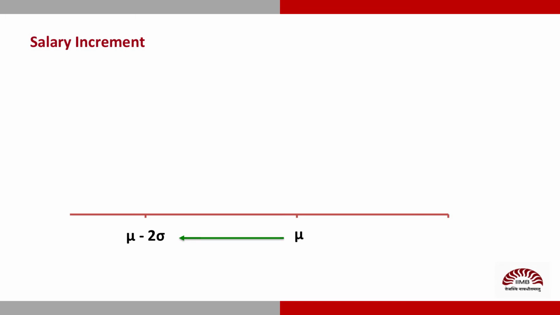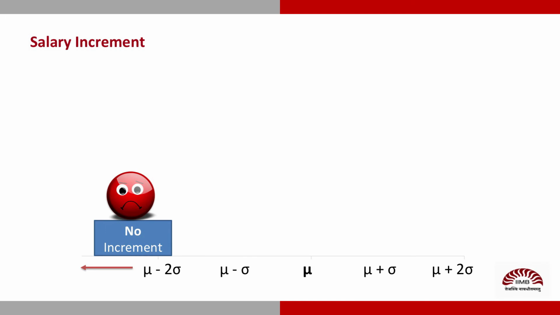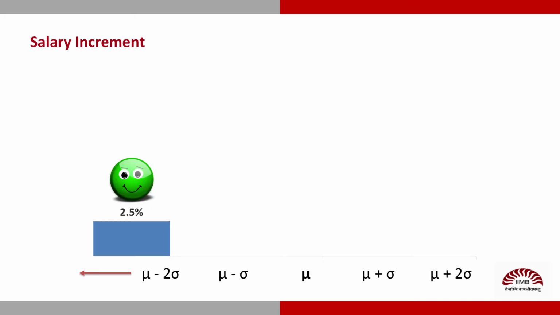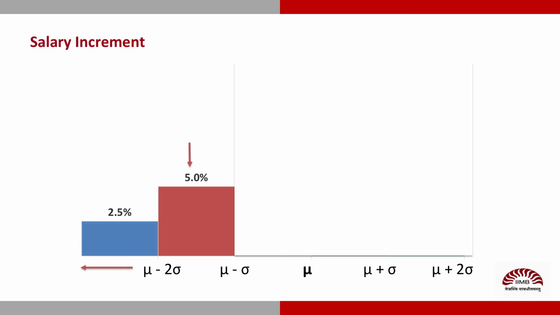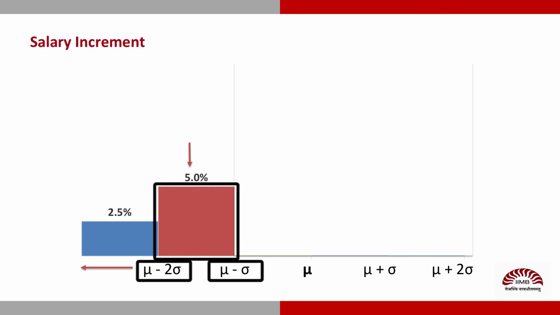So for everyone whose evaluation lay below mu minus 2 sigma, you can either decide that their salary need not be incremented or be generous and give them a small bump of an increment. In the next block of 1 sigma, which is mu minus 2 sigma to mu minus 1 sigma, you can choose to award a certain percentage increment uniformly.